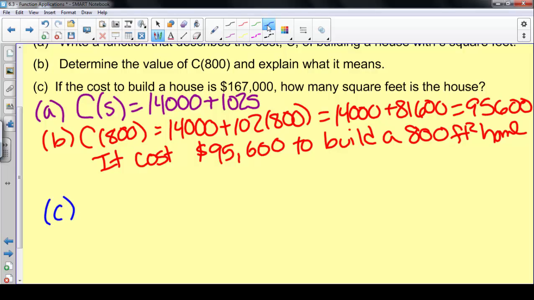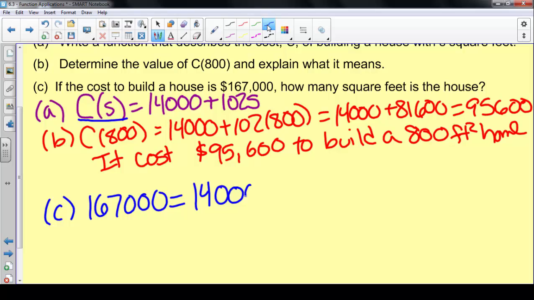So now this time it's telling us the cost is $167. So that means we know what this cost is. So that's what's going to go here. And we're trying to figure out how many square feet that is. So that means we're trying to find the value of this S. So solve this just like we did back in chapter 2.